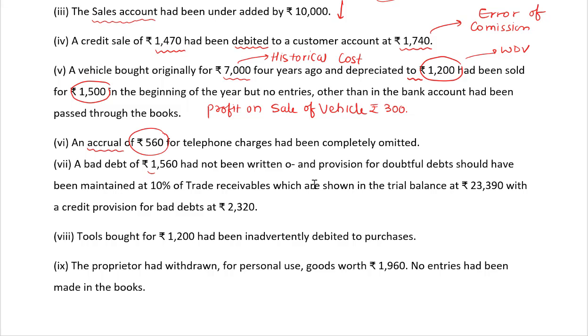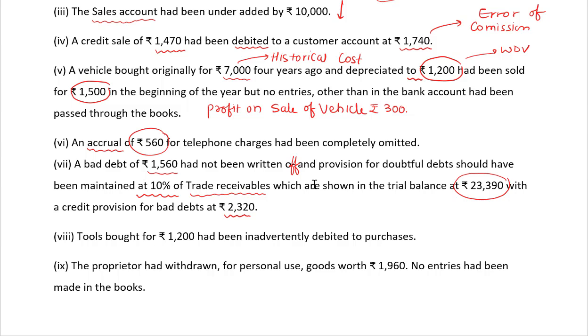A bad debt of 1560 had not been written off, and provision for doubtful debts has been maintained at 10% of the trade receivable account, which are shown in the trial balance as 23,390 with a credit provision of bad debt at 2,360. Okay, we'll solve it. Let's see the eighth one now.